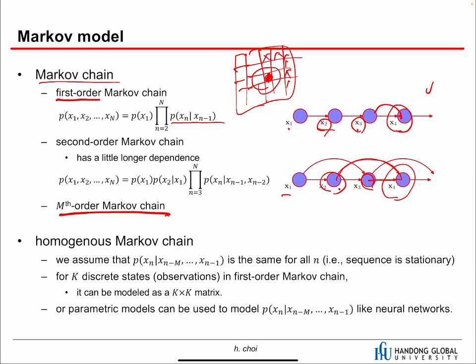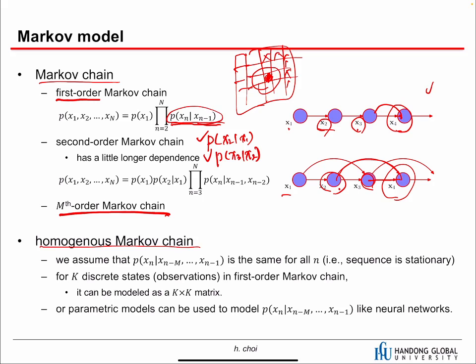And in the temporal data set, when we consider just the previous sample, then it's a Markov chain. And we assume that it is a homogeneous Markov chain, which means P of xn given xn minus 1 is always the same. So P of x2 given x1 or P of x3 given x2, these probabilities have the same kind of equation. So we use the same model for P of xn given xn minus 1.